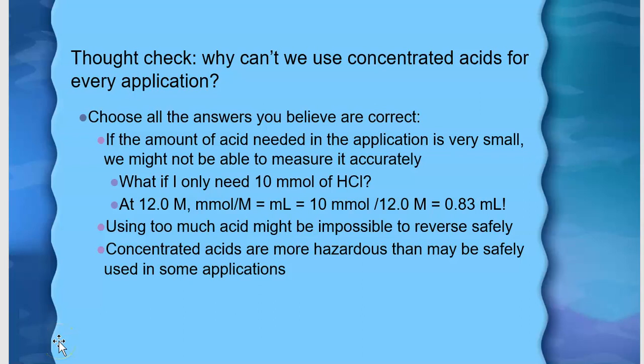Also, anytime I have to use 12 molar hydrochloric acid, I'm using something that is dangerous. And if I can safely use a more dilute solution, it's going to require less in the way of personal protective equipment, and it will be less likely that I could injure myself.